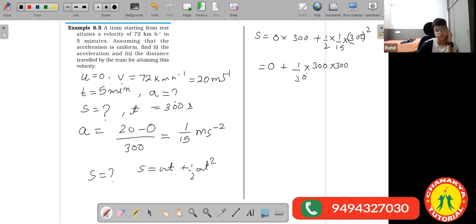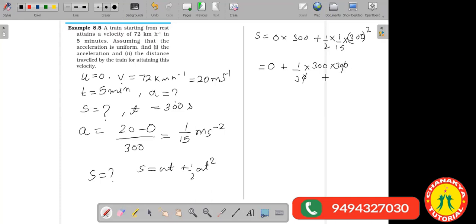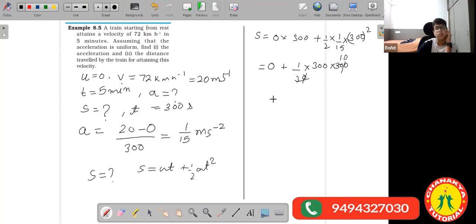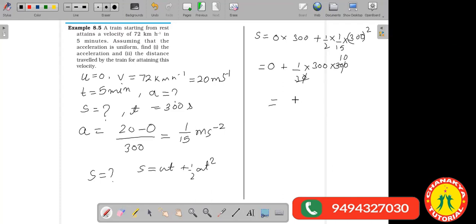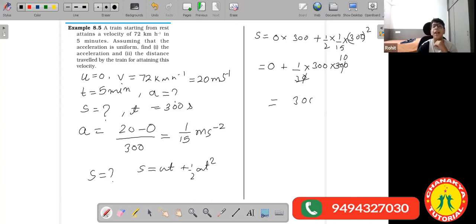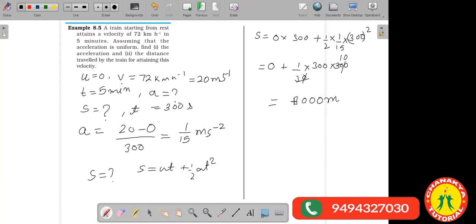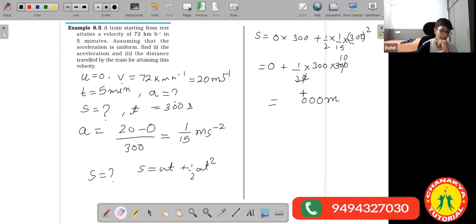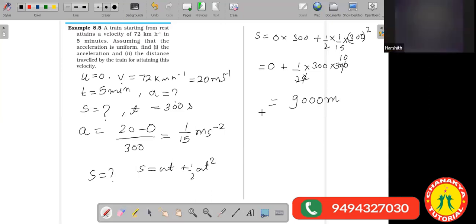Remember, solve the bracket first. How much is it?